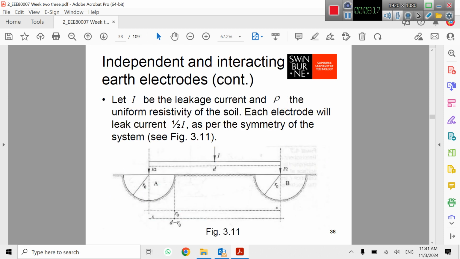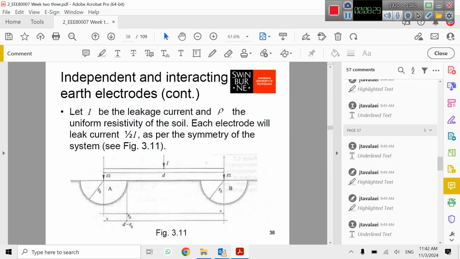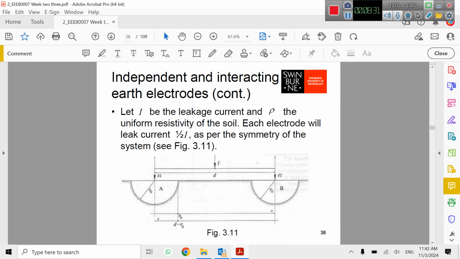So here you can see the configuration that I mentioned, two electrodes R0, A and B, and the current coming in here can be seen as I, so I over 2 for electrode A and I over 2 for electrode B is expected.